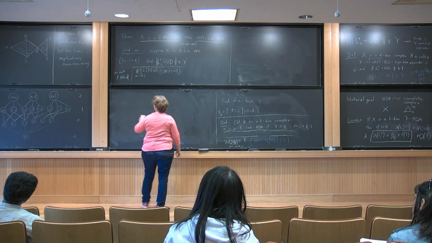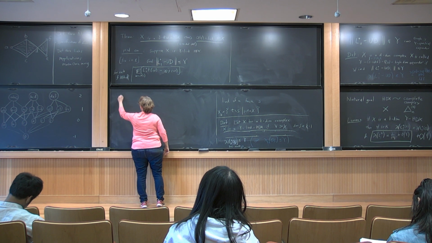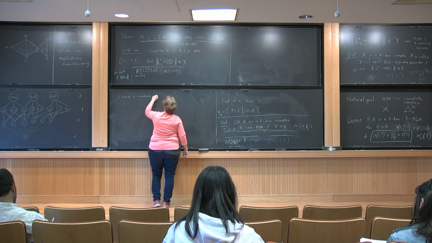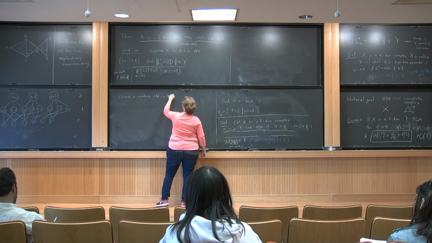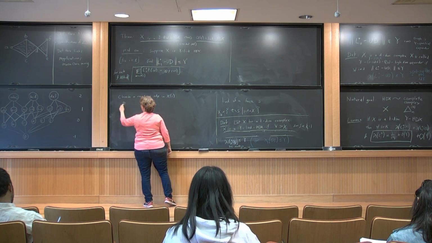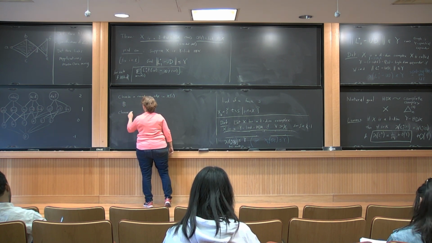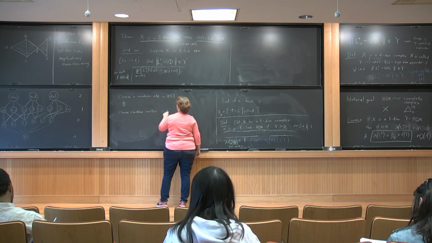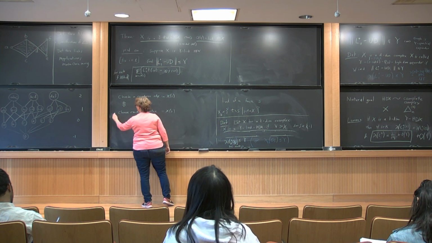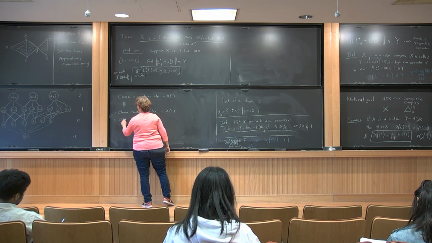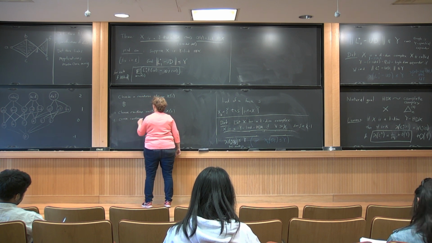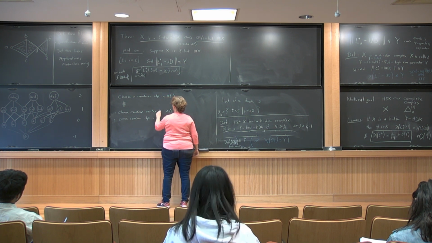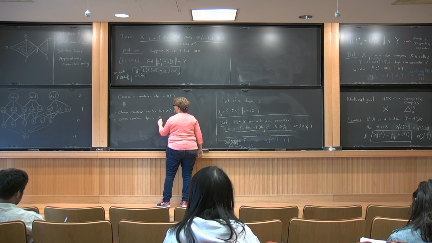So choose a random edge in x1 is the same as choose a random vertex W in x0 and then choose a random edge in xw1.